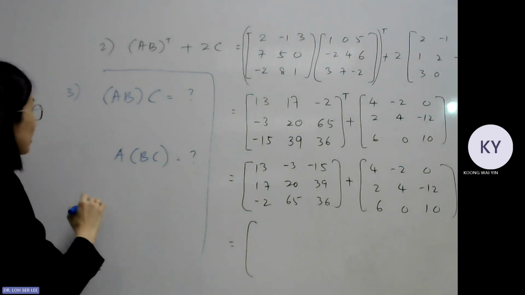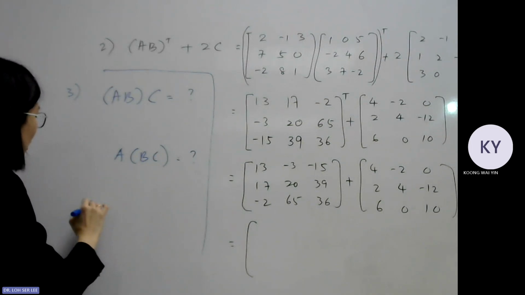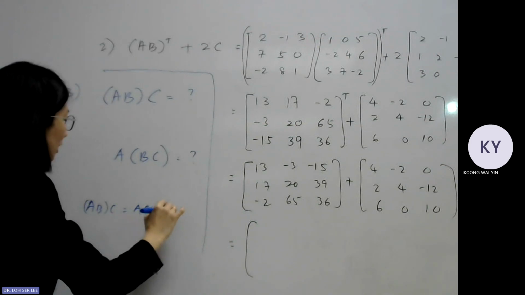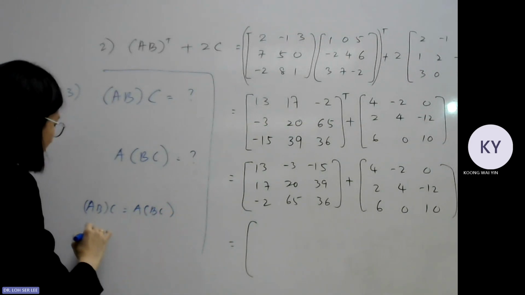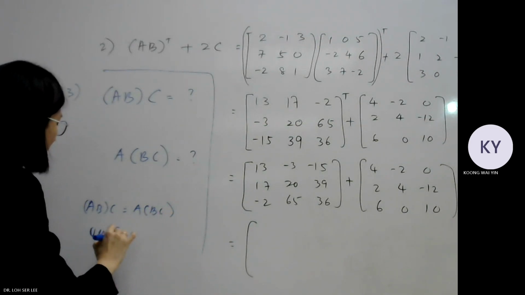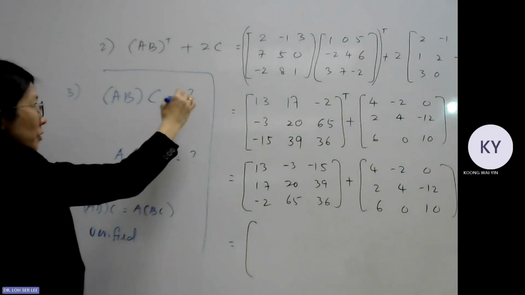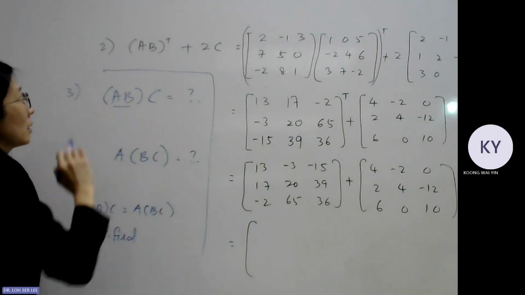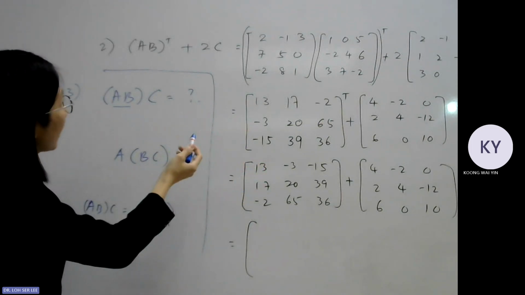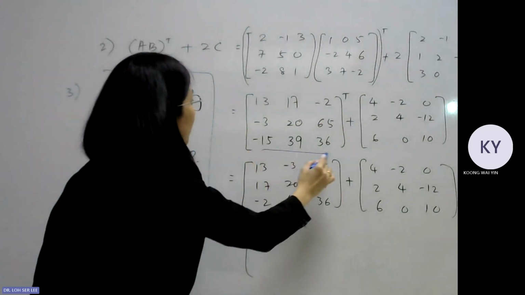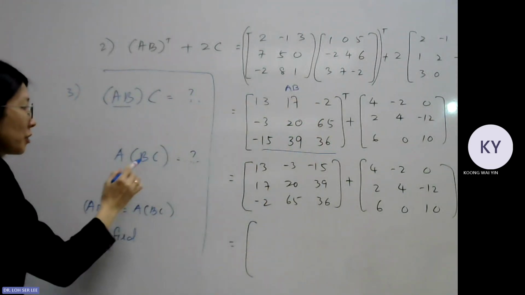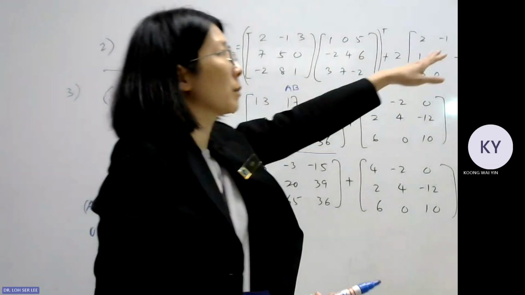At the end, you give the sentence (AB)C equals A(BC), and then verify. But for this one, you have already got your AB. Your AB is here, you don't have to compute it one more time. Your BC was already computed in question number one.